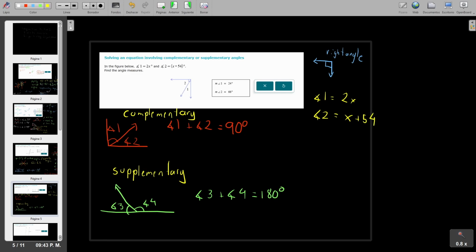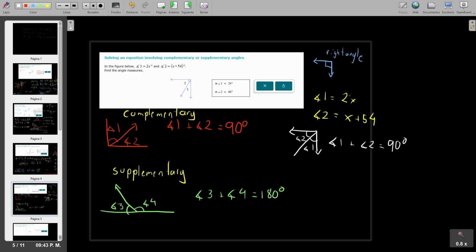Now we're going to put the figure here. It is a right angle divided by angle number 1 and angle number 2. So if we put it like this, it's going to be angle number 1 plus angle number 2 equals 90 degrees.